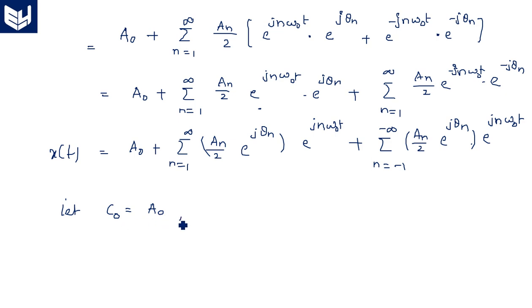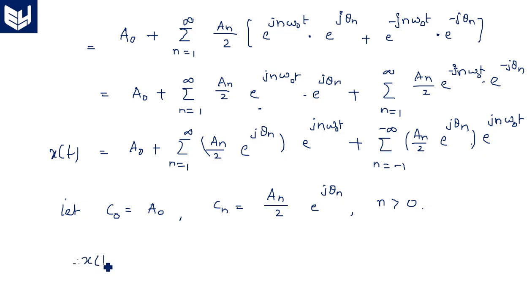So c naught is a naught and cn is equal to a n by 2 e power j theta n, where for all the values n must be greater than 0.